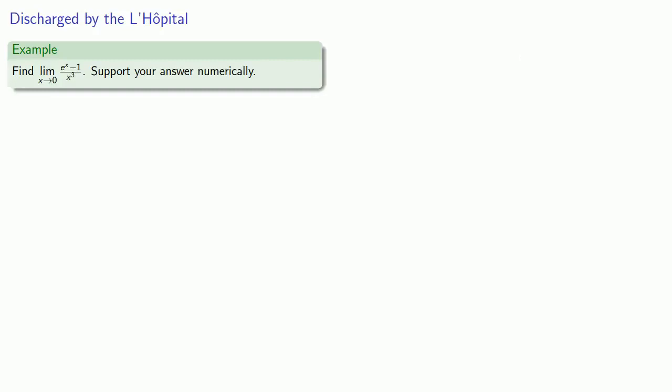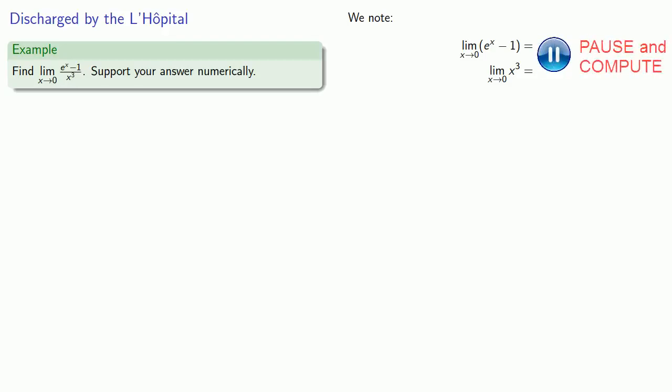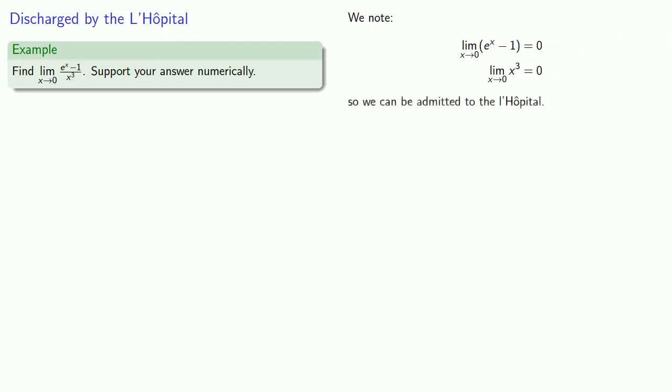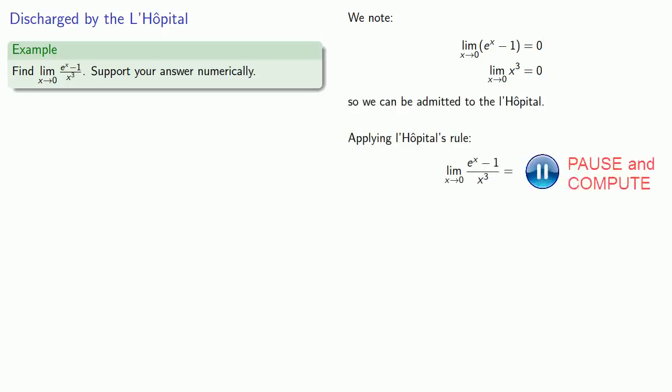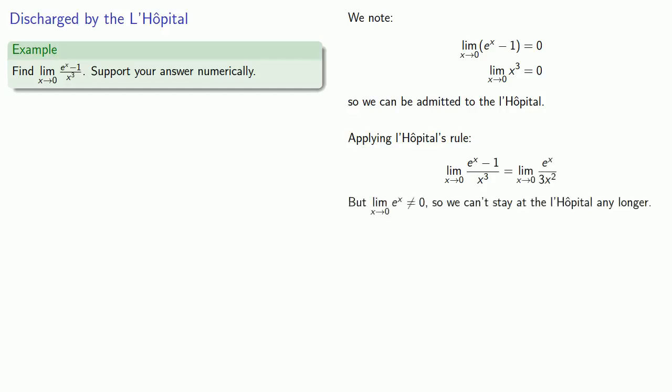Well, let's find another limit. So as x goes to 0, both numerator and denominator go to 0, which means we can be admitted to the L'Hopital, applying L'Hopital's rule. And this time, we get our discharge papers because e to the x doesn't have a limit of 0, so we can't stay at the L'Hopital any longer.